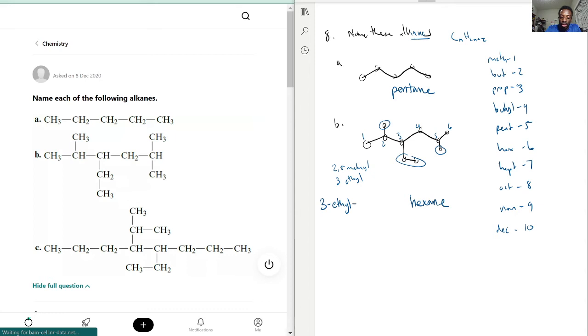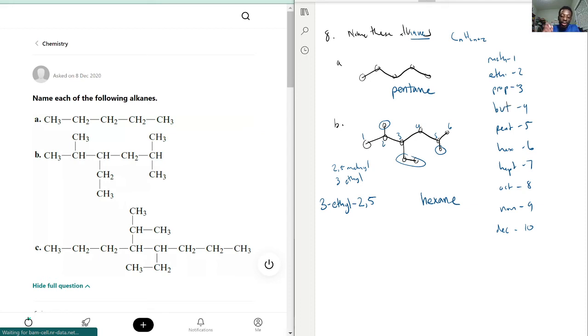Whoops, sorry. 2, 5, and it'll actually be not just methyl, but because there's 2 of them, you have to indicate that. So there is quite a bit of things involved. Sorry, I thought I put F here. There we go, methyl. And I don't know why I put butyl here, because it should be but. There we go. Sorry about that.